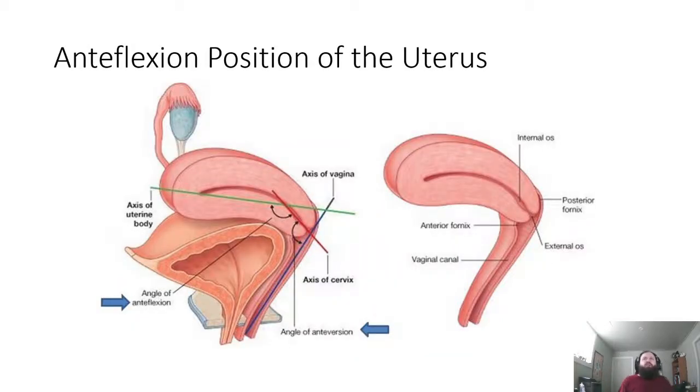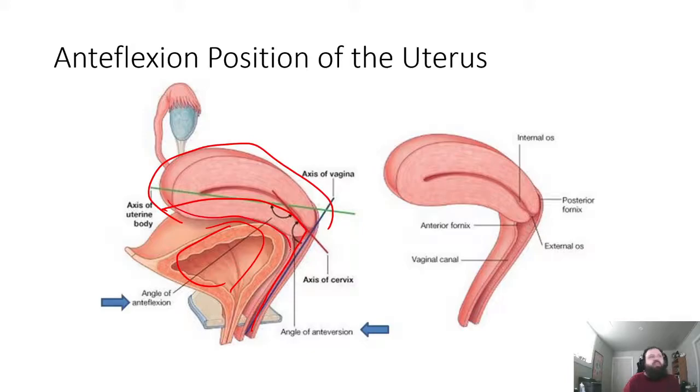The uterus normally projects anteriorly, so towards the front of your body, and superiorly over the urinary bladder. So you can see here, here's the urinary bladder, and then here's the uterus. So it goes anteriorly and superiorly over the urinary bladder, like so. It kind of sits on top of the urinary bladder. This is referred to as anteflexion of the uterus.